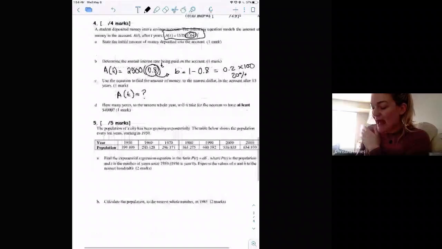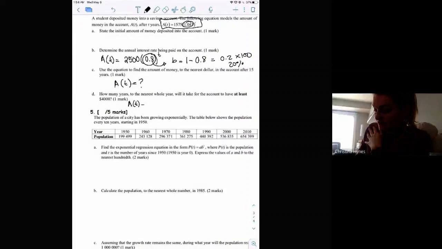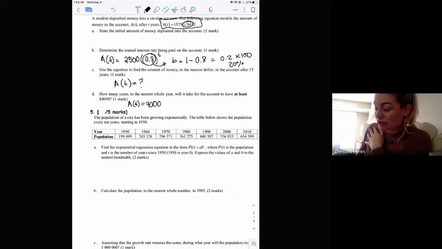D, how many years to the nearest whole year will it take for the account to have at least $4,000? Now you are substituting A of T for $4,000, and you're trying to find the intersection. So that's similar to what I did for question, what was it, B and C, right?